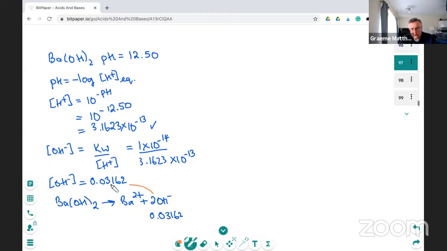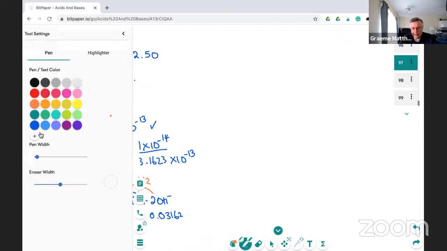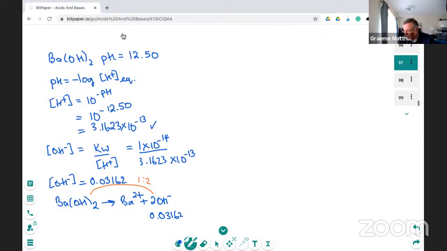Look, there's a 1 to 2 correspondence. And so I'm going to have to divide by 2 the concentration of the hydroxide ion, right? So if I do that, I only get 0.0158 molar, to 3 significant figures.